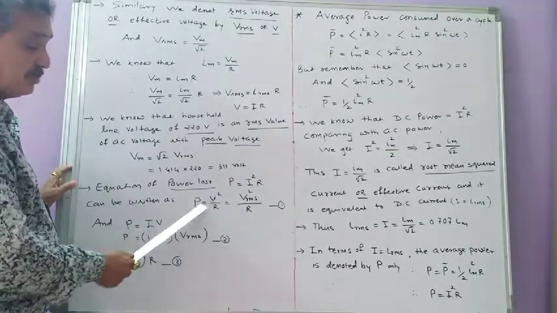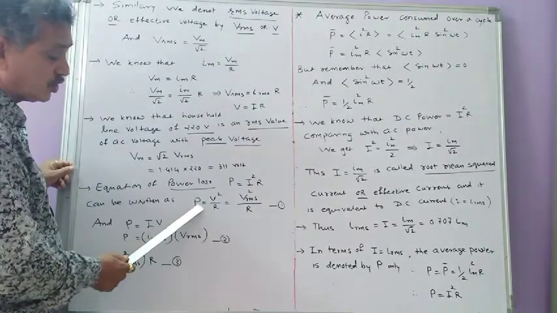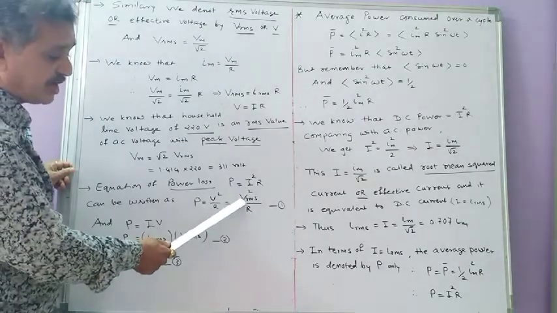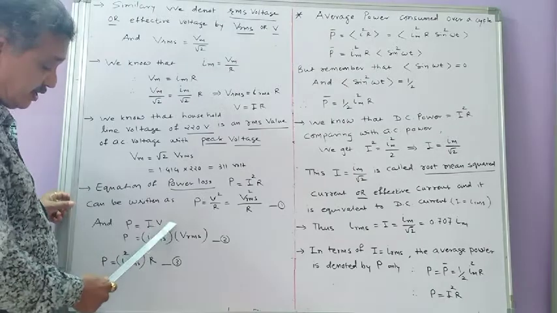Then this equation of power loss, power P equal to capital I square into R, can be written in three ways. The power loss P is equal to V square upon capital R, or you can write VRMS square upon capital R. Second is power P equal to current into voltage.